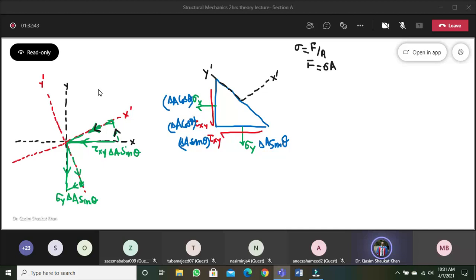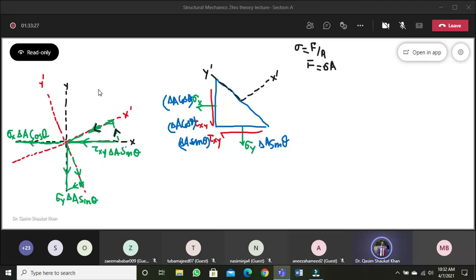So this is the force sigma x delta A. I need to resolve this force into its components.